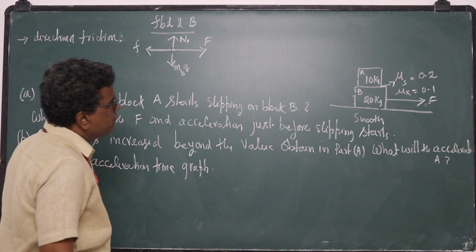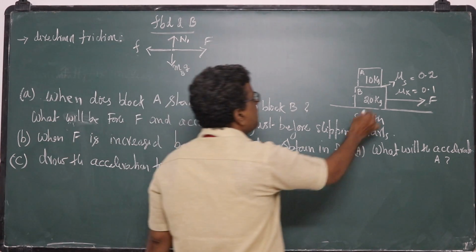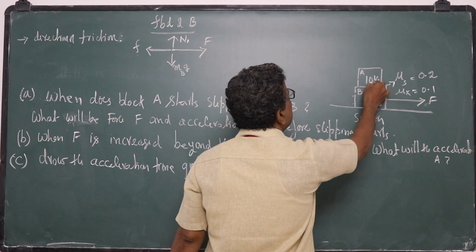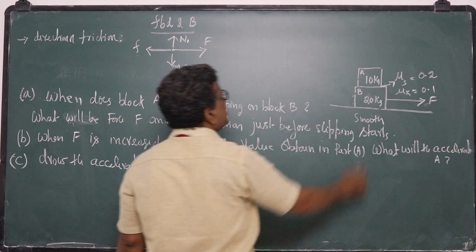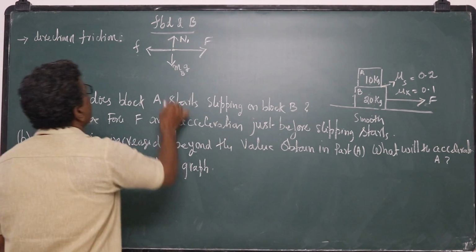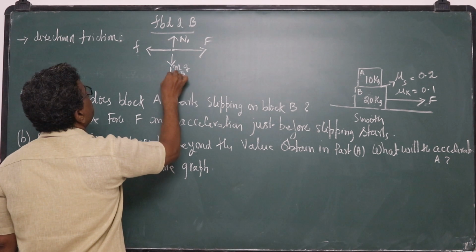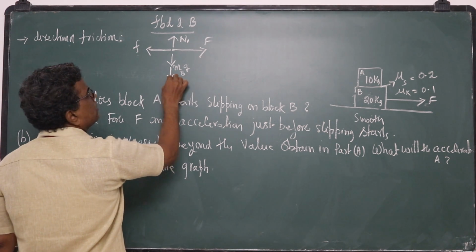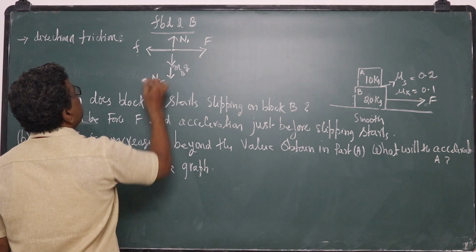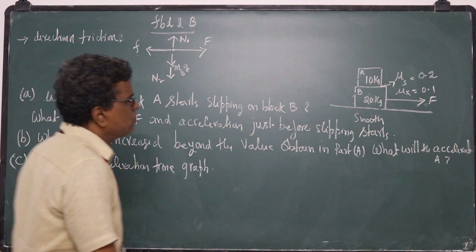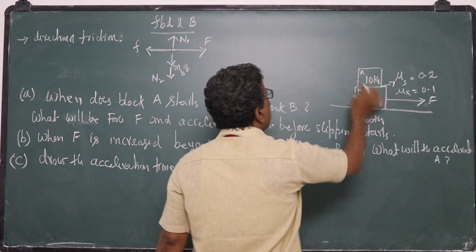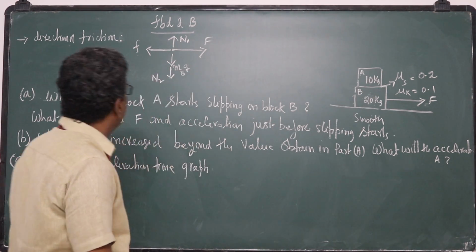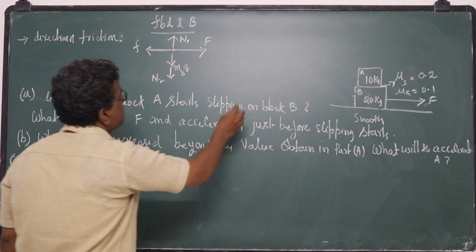One more force is there on this, the force exerted by the 10 kg block on the 20 kg block, let it be N2. N2 is the force exerted by block A on B, vertically down. It is nothing but weight.